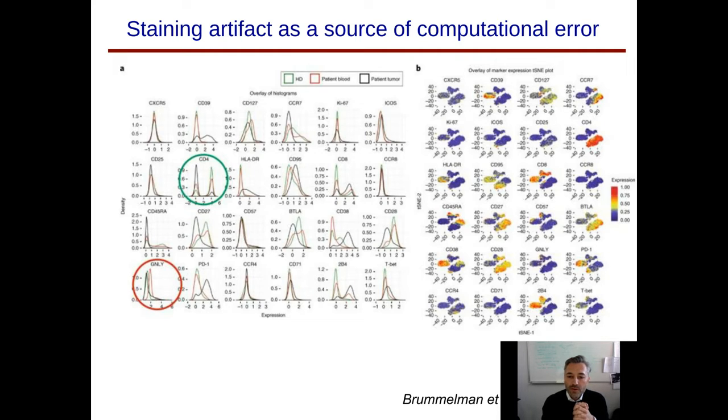Another thing that we can do is analyze the antigen expression. This is more intuitive, and it's also dependent on the experience of the researcher. If you look on the right, you see a lot of t-SNE plots, and we overlay the expression of every single antigen, and we look at whether the expression of these antigens is co-regulated or anti-regulated, depending on the biology.